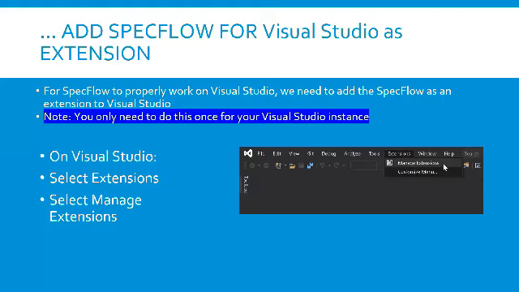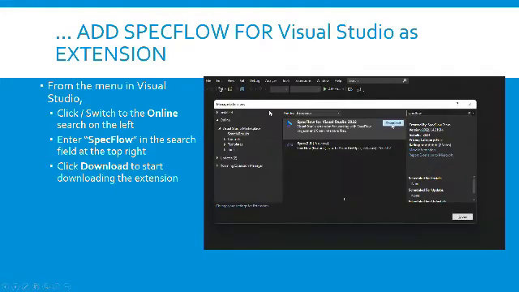So you just open your Visual Studio, go to extension, manage extension, and once you get here, search for Specflow. You will see Specflow for Visual Studio 2022, and you can download that.